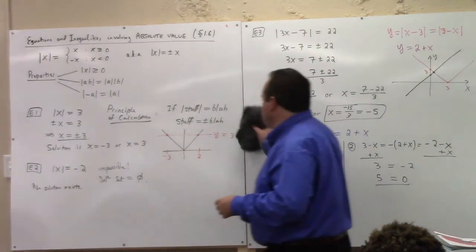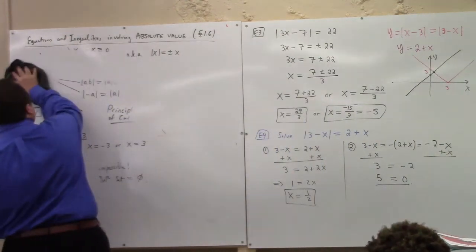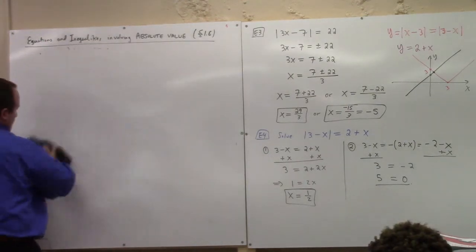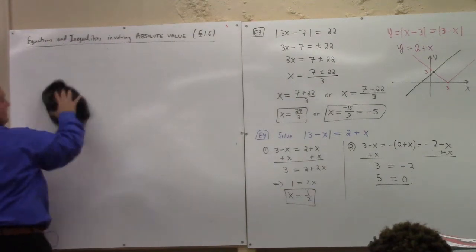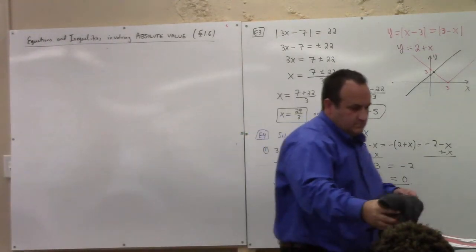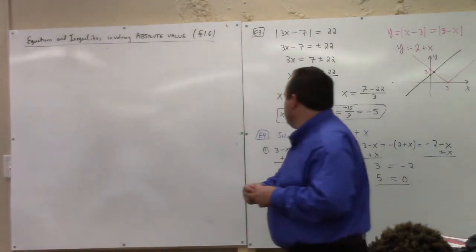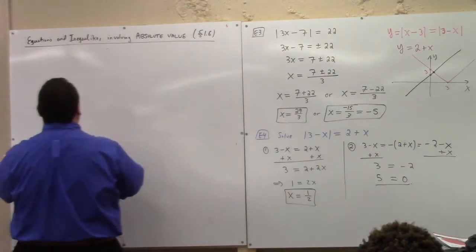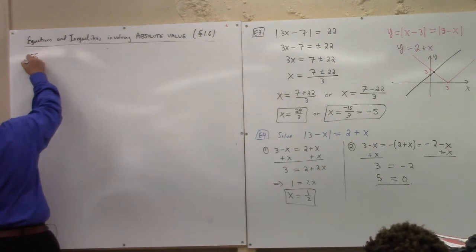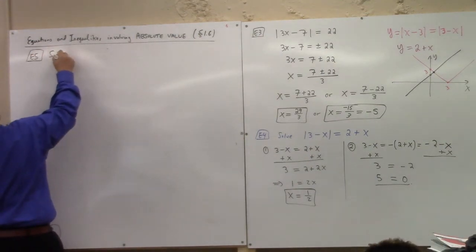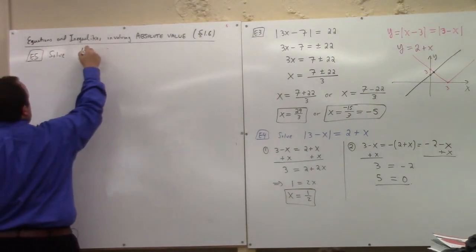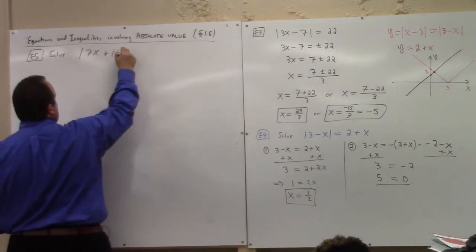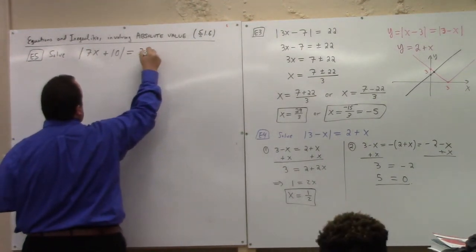Let's do another. How about, try to solve the absolute value of 7x plus 10 is equal to 3 minus x.